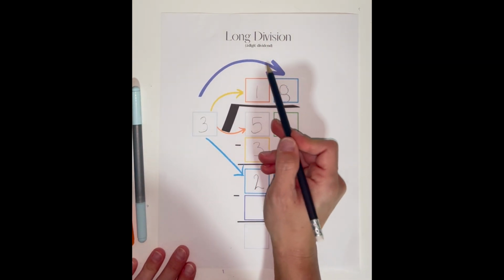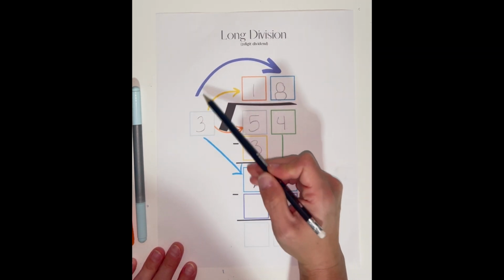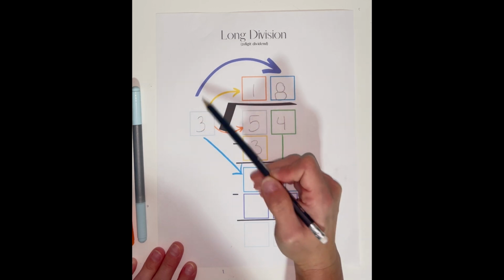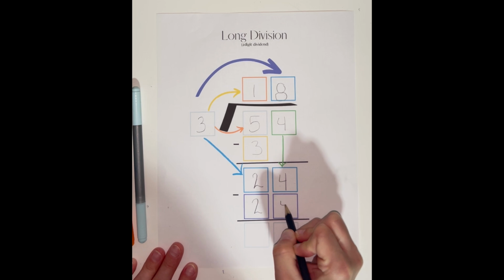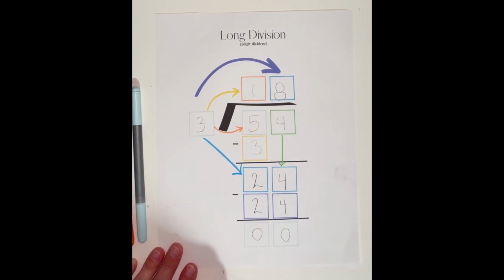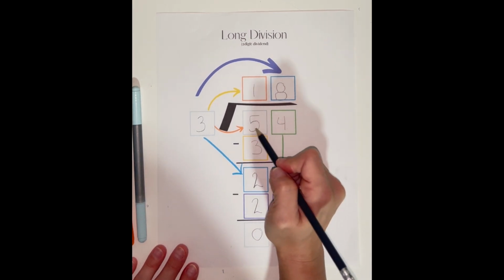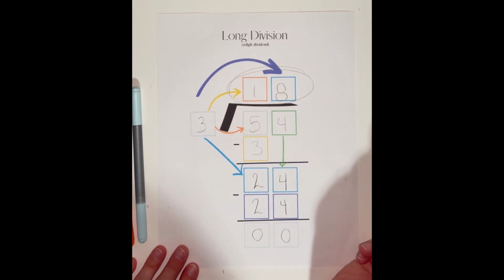Now this purple reminds me, oh, I have to multiply those two numbers. 3 times 8 equals 24. I'm going to put that down in my purple box, do my subtraction, and I realize I have nothing left. So 54 divided by 3 equals 18, and I have my answer.